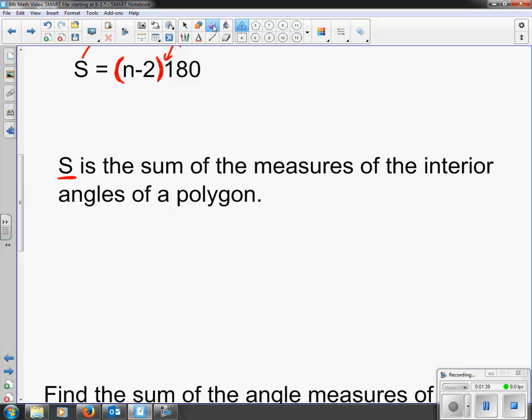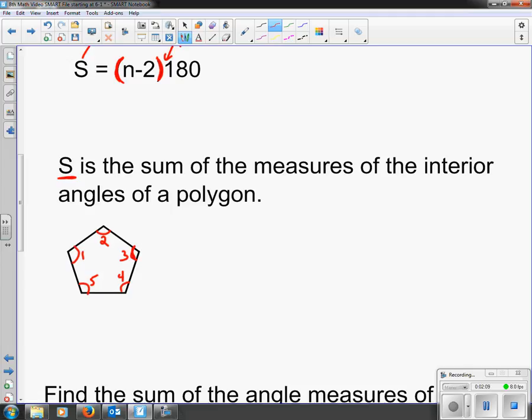If I have this pentagon, and I want to find out if I add this angle 1, plus this angle 2, plus this angle 3, plus this angle 4, plus that angle, what's the sum of all those interior angles, because they're inside?